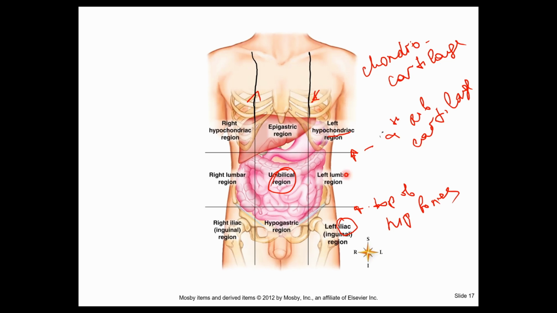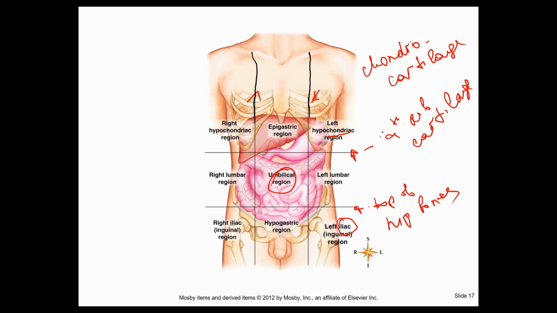All right, so these are the 9 regions, and each one contains its own organs, which is important and convenient to navigate. Let's get back to this picture. As you can see, we have these lines here, right?